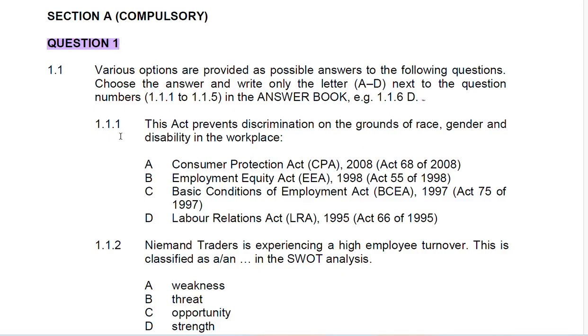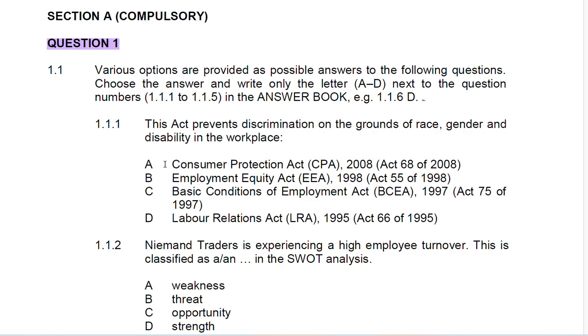So 1.1.1: This act prevents discrimination on the grounds of race, gender, and disability in the workplace. We are provided 4 possible answers, A, B, C, and D, so we are going to read all of them. Once you have read all of them, then we need to select the correct answer.